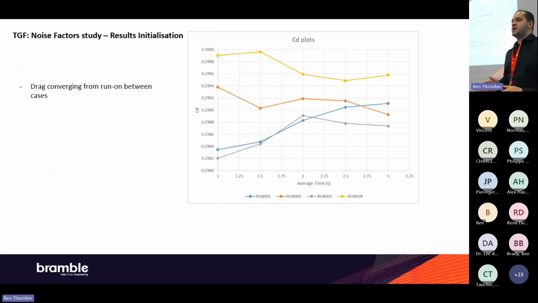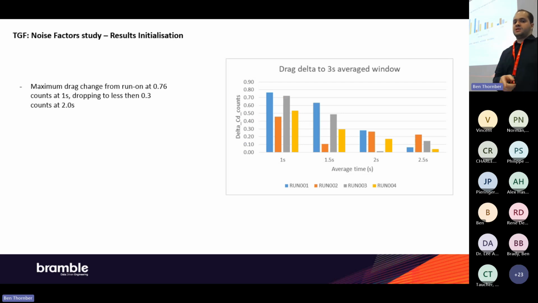In terms of overall drag results, there was quite a spread between the different initializations, which converged with increased averaging time. This graph shows the relative delta for each initialization technique for the total of 5 seconds, which was 3 seconds of averaging time, compared with 0.5, 1, 1.5 and 2 seconds of averaging.